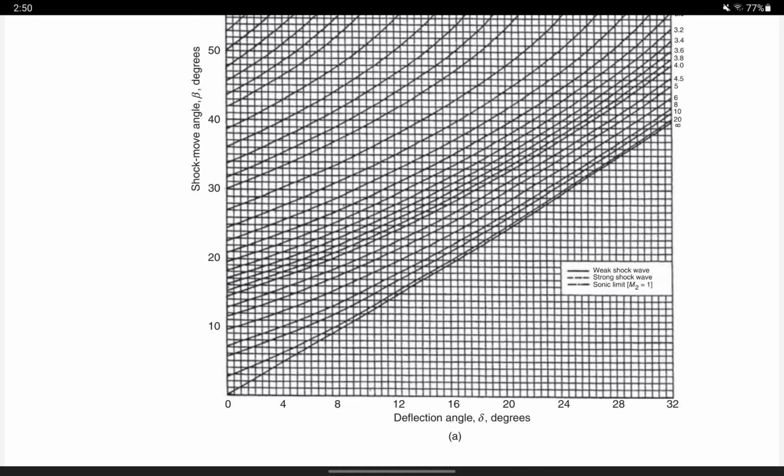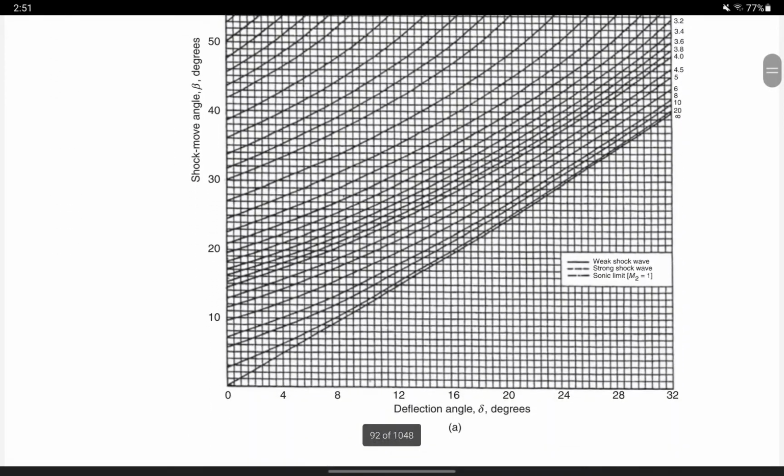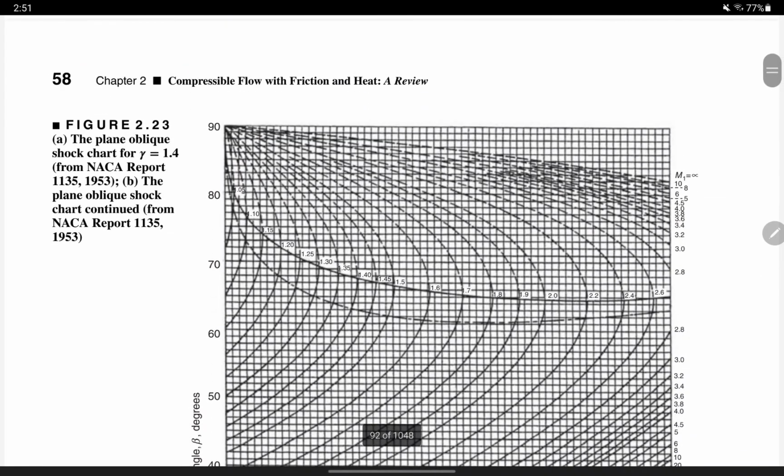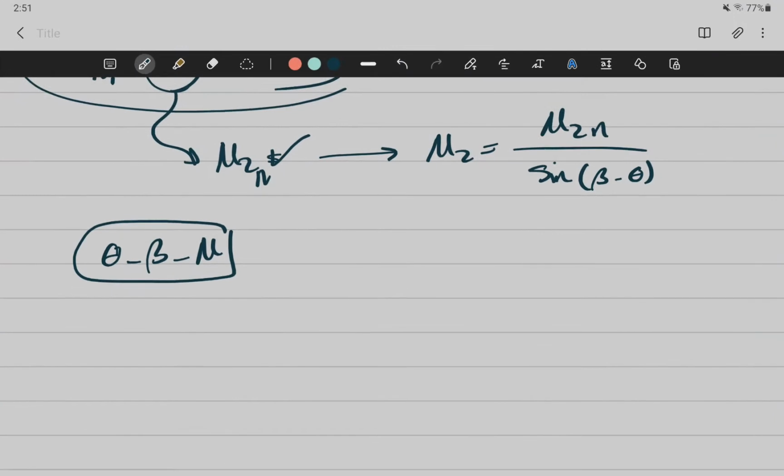Okay, but as you can see, for every deflection angle, we are going to have two betas. For every deflection angle and Mach number, we are going to have two betas. So this is how the plot actually looks like.